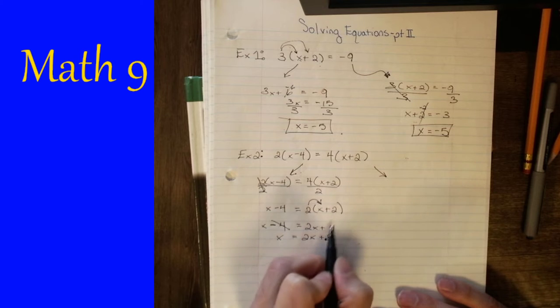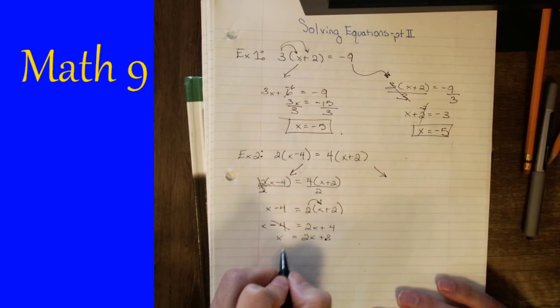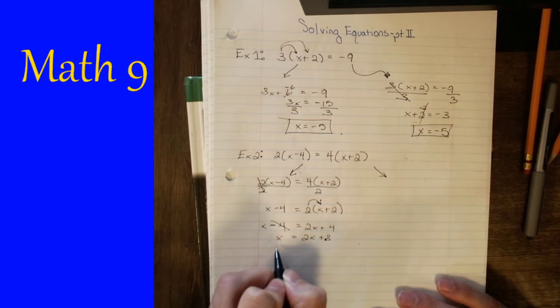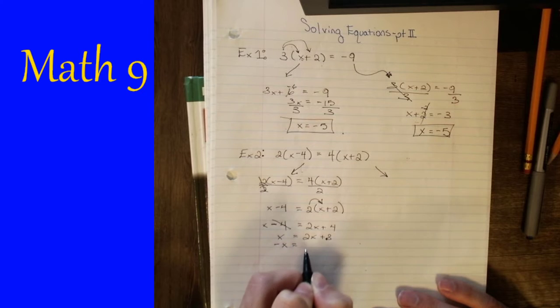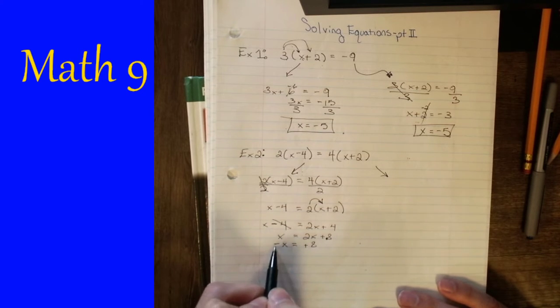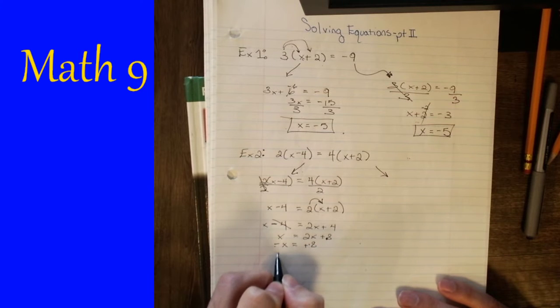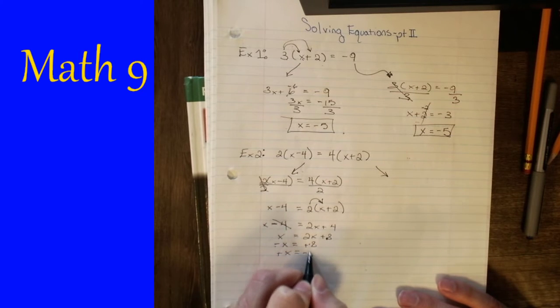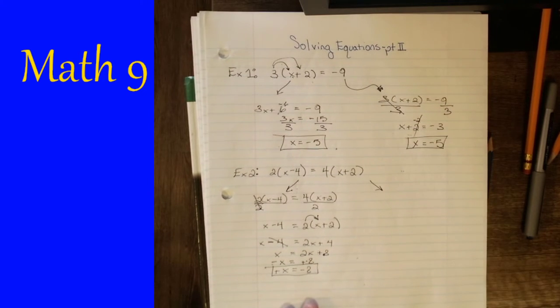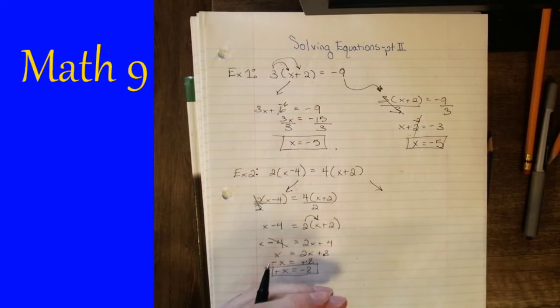That went away. 4 plus 4 is 8. Next up, I will subtract 2x from both sides. So x subtract 2x, that's negative x, is equal to positive 8. So negative x is equal to positive 8, so positive x is equal to negative 8, which would be our value of x. Okay, so that's method 1.